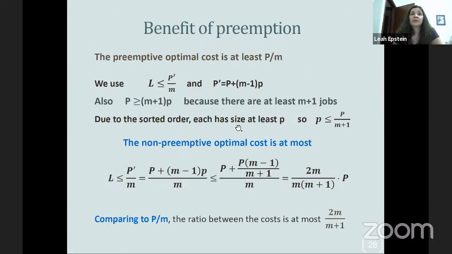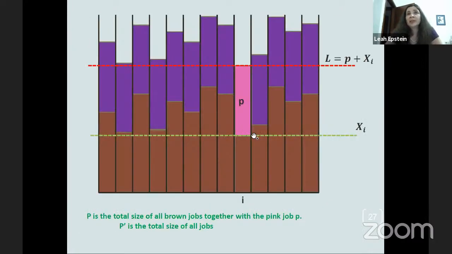Yeah, so the difference is that it doesn't look as nice as here, but the general calculations are similar. So here what you add is not P, but P divided by the speed. And if you add a job that looks like P to every machine, it will not look as uniform as here because there are speeds. But still, there is a similar calculation that you can do carefully.